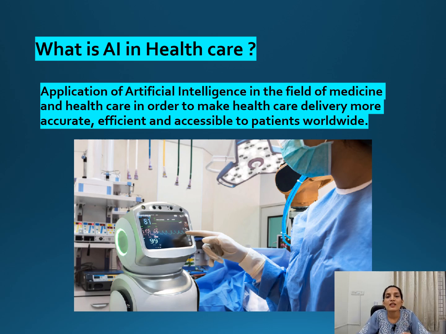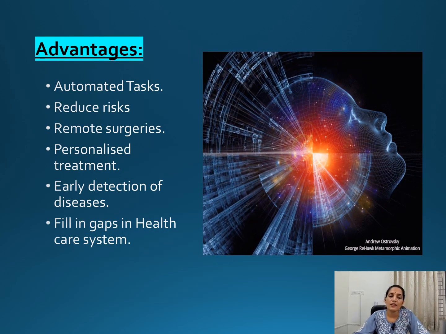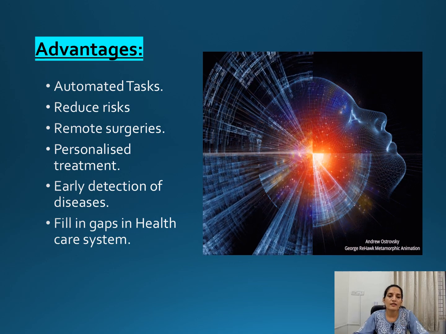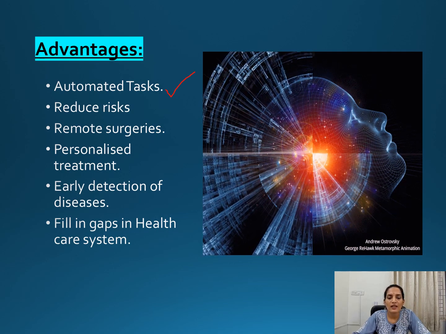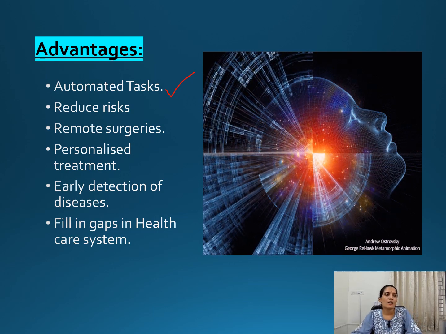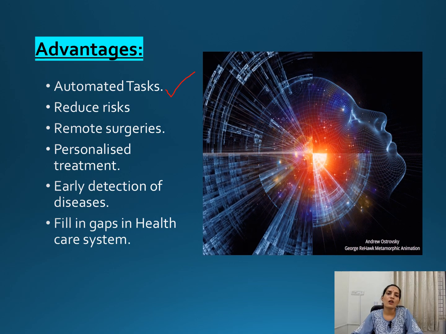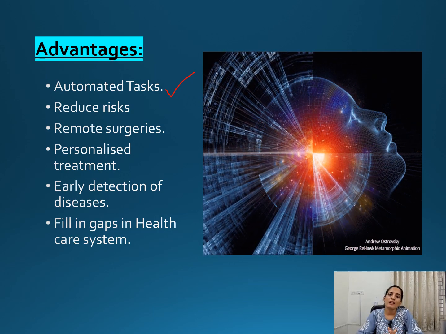Let us move to the next slide in order to explore the advantages of artificial intelligence in medicine and healthcare delivery system. The very first advantage that I have observed here is automated tasks, some tasks that are avoidable by human beings. I'll tell you an example.